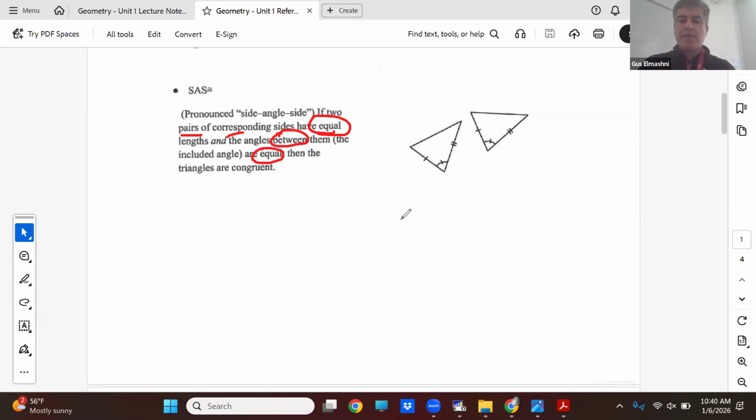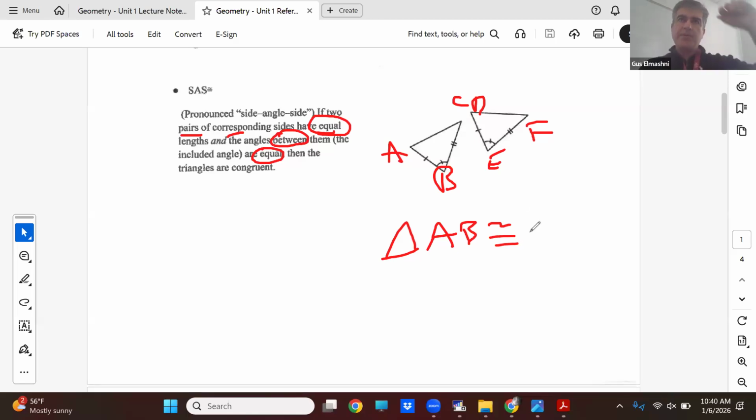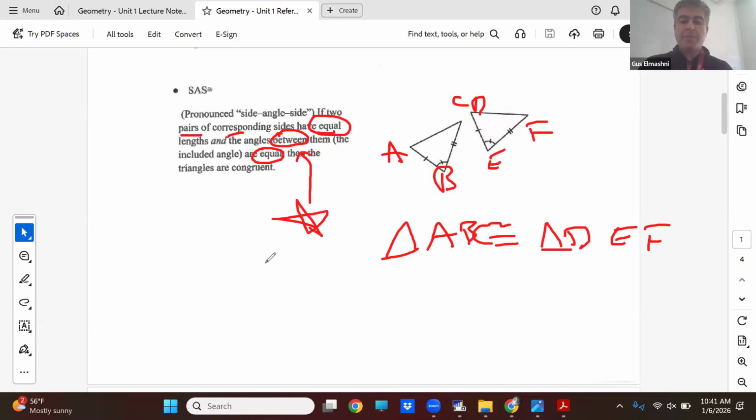So if this is ABC and that's DEF, then we can say triangle ABC, and when you do congruence, you write an equal sign with a little squiggly sign, is congruent to triangle DEF. And you have to make sure you go in the right order. Very, very important, the angle has to be in between.